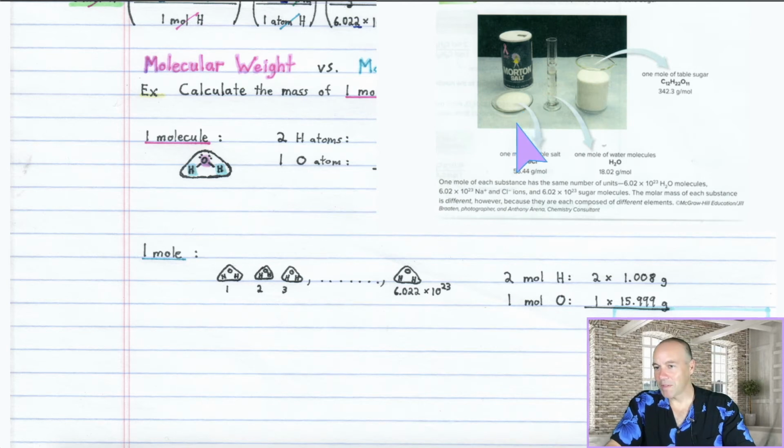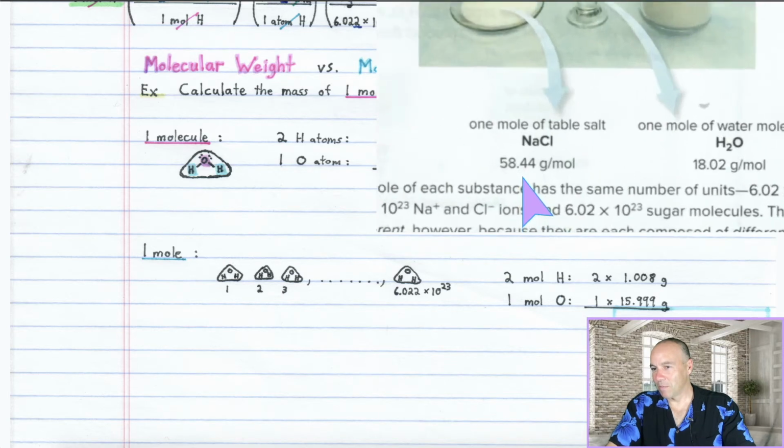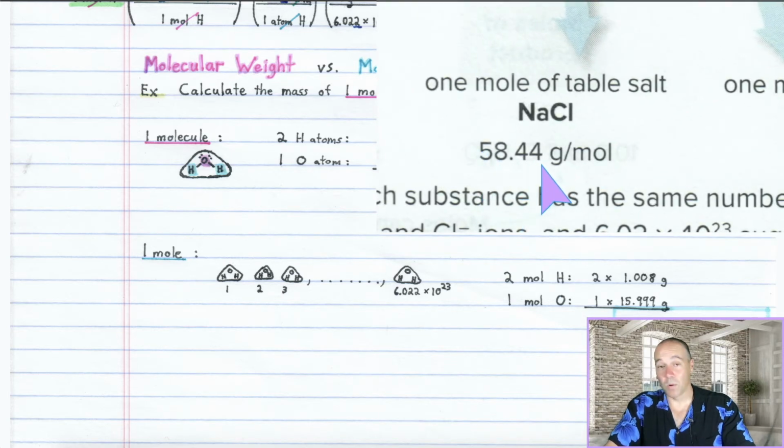Now, a mole of sodium chloride is pictured right here, and its molar mass is 58.44 grams per mole. So looking up sodium on the periodic table, and chlorine, you got 1 sodium and 1 chlorine.